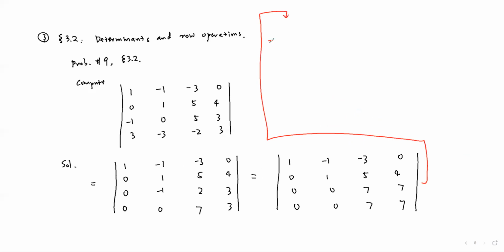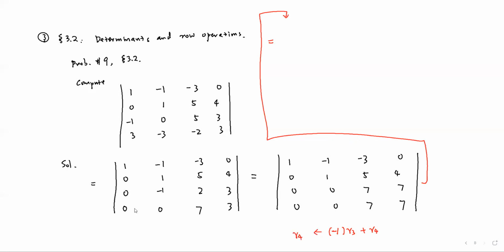Now, equal. This time I use this 7 as my pivot number to eliminate this 7. The operation is -1 times row 3, added to row 4, and put the result in row 4.